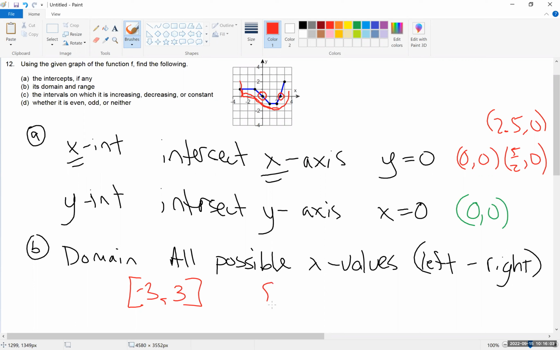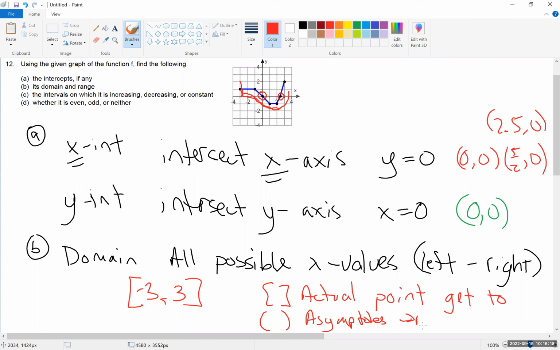We use brackets for an actual point that we can get to. We'll use parentheses for things that have asymptotes, or that we never get to, like infinity. You never get to infinity because it's an idea, not a number. Okay, I'm going to pause here and see if there are questions.